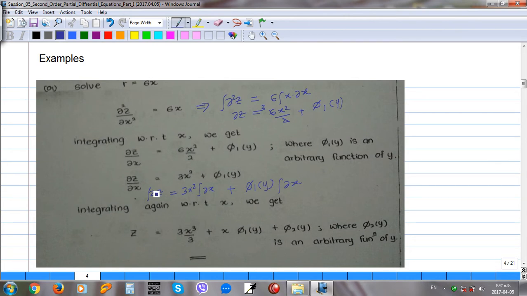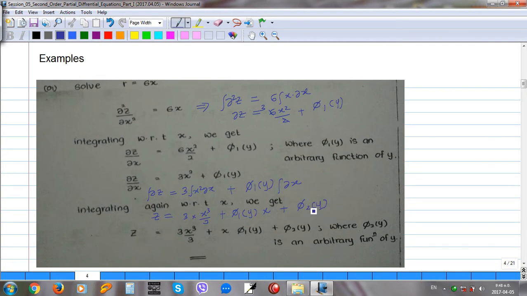If you integrate this, there remains z, and 3x² ∂x gives 3 times x³ over 3, then φ1(y) times x, since integrating ∂x gives x, plus another constant that I am adding as φ2(y).